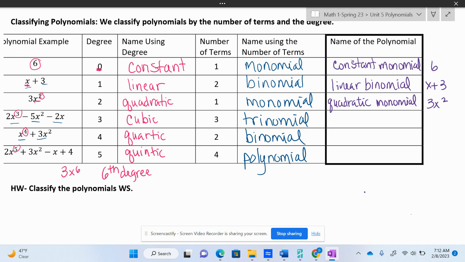Our next one, the 2x cubed minus 5x squared minus 2x is called a cubic trinomial. So we're naming it by the degree and the number of terms. Every polynomial is named by the degree and the number of terms. The next one is called a quartic binomial. And our last one is called a quintic polynomial.